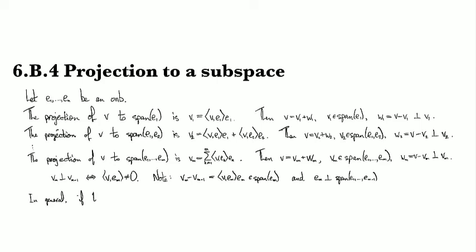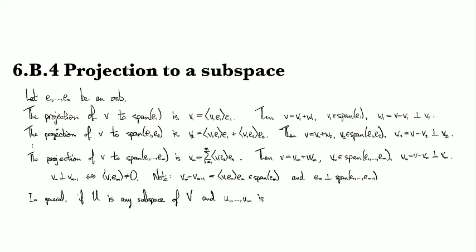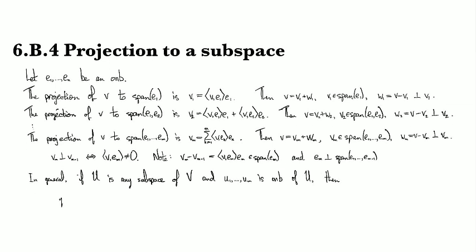But just in general, if U is any subspace of V, and we're given some orthonormal basis of U, then we can talk about the projection of V to the subspace U, and it's going to be given by looking at the projection onto each of the components of this orthonormal basis and then adding them up.